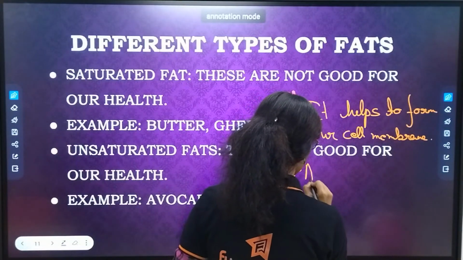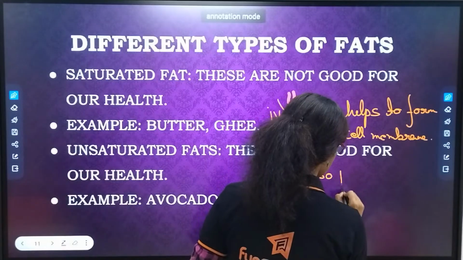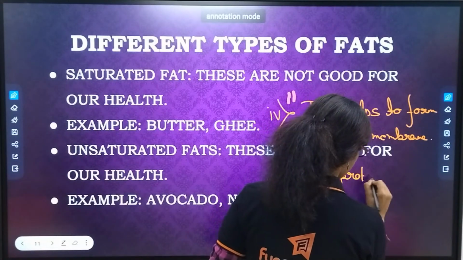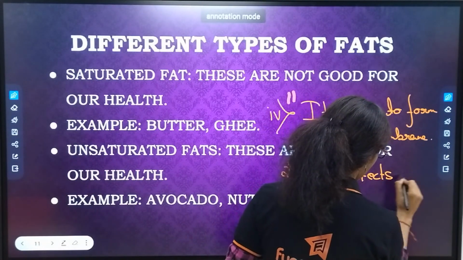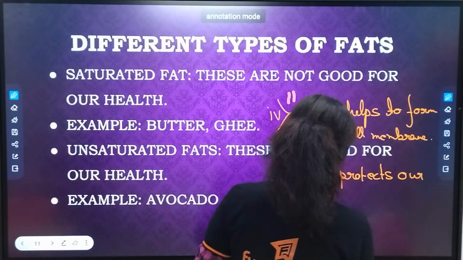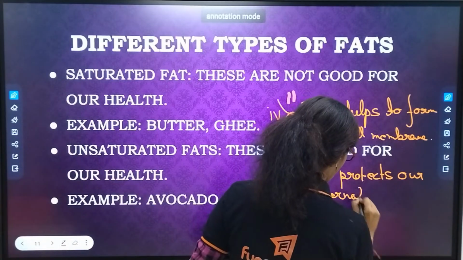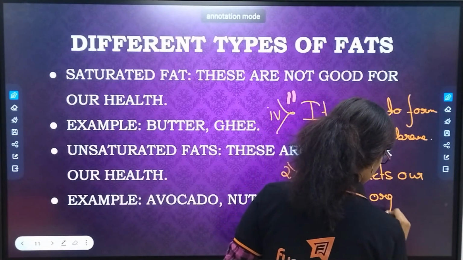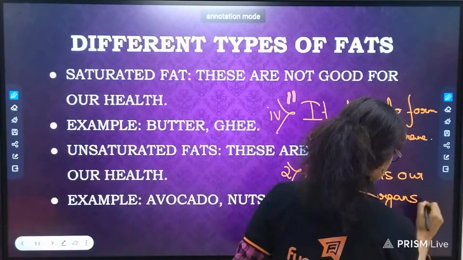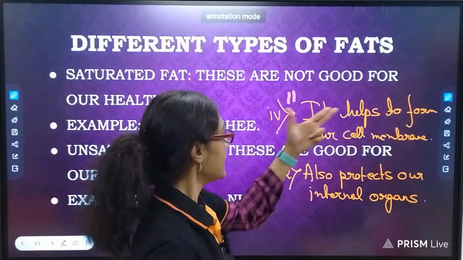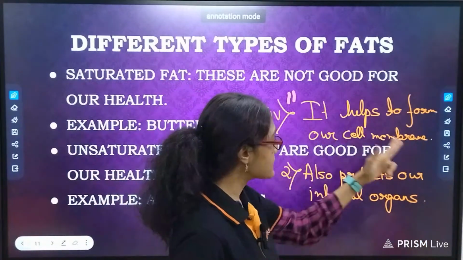Also protects our internal organs. It helps us to form our cell membrane.